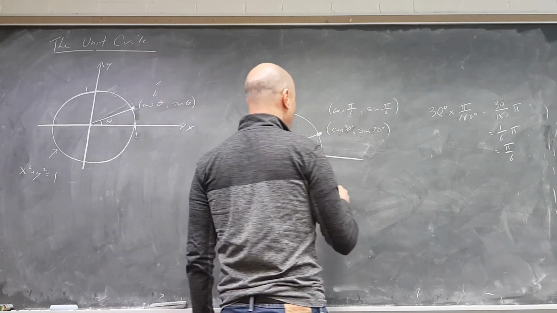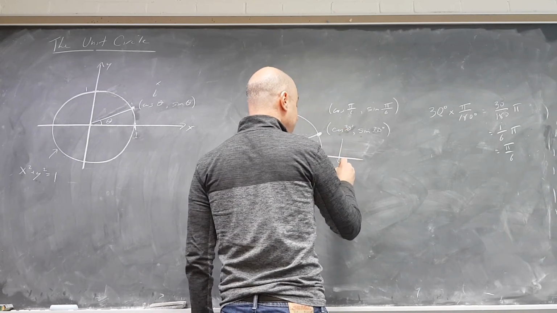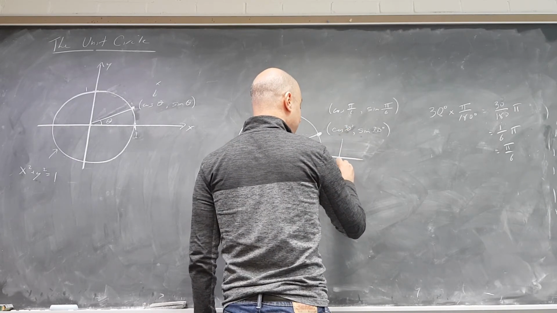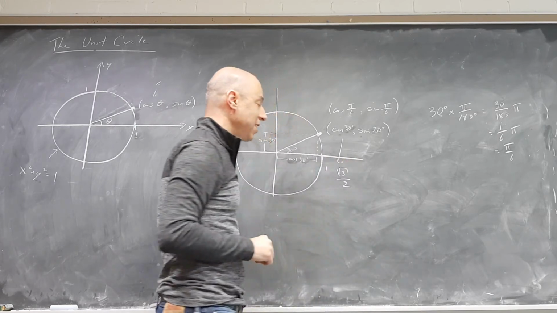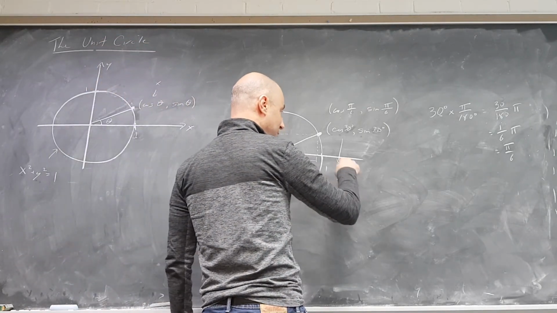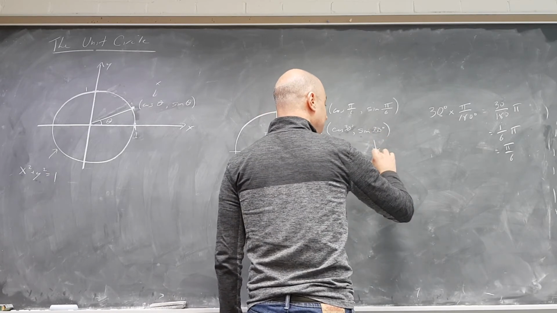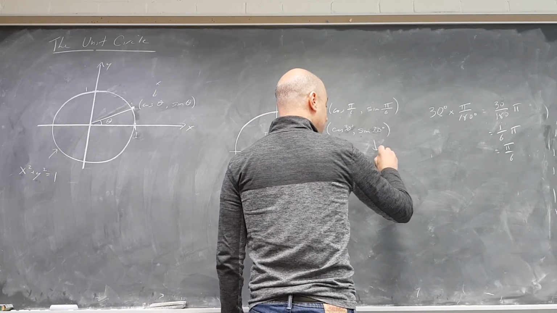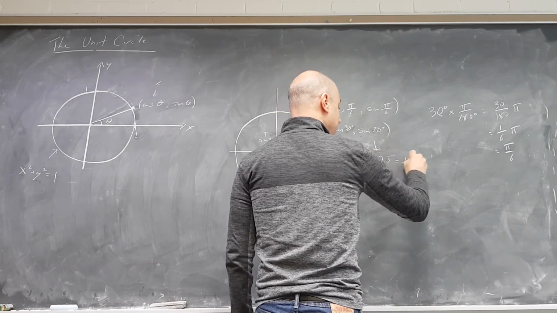But no matter what, you will get that cos of 30 is the value root 3 over 2. Now your calculator is going to give you a decimal value, but it turns out to be root 3 over 2. You'll see that root 3 over 2 is the same decimal value as your calculator gives you, and sine of 30 is going to be 0.5, or 1/2.